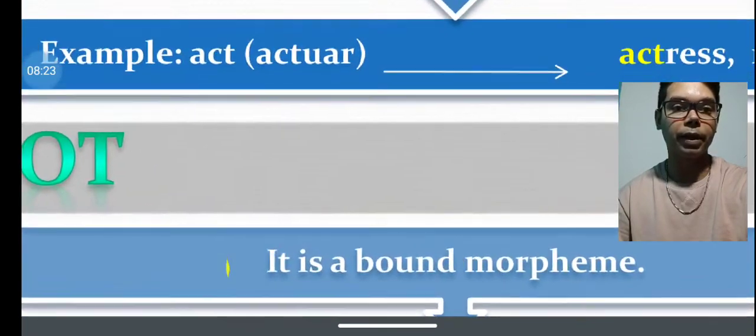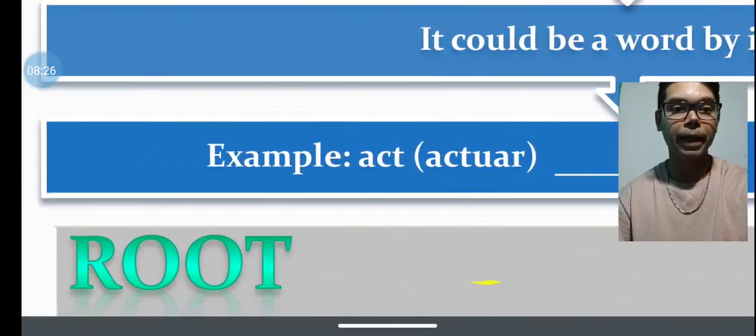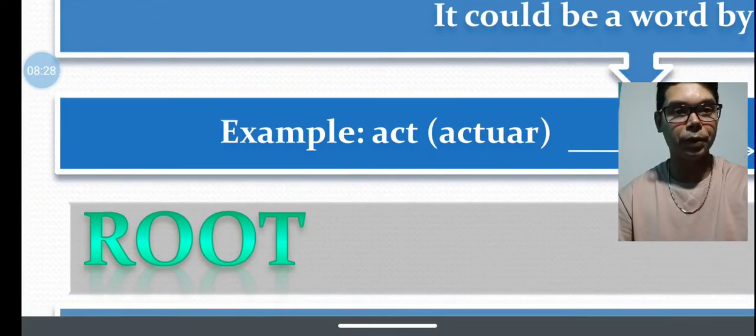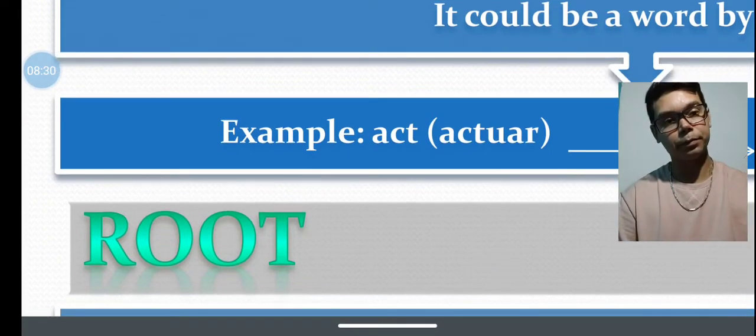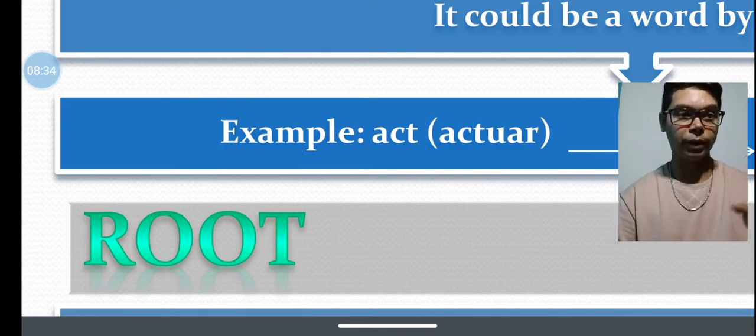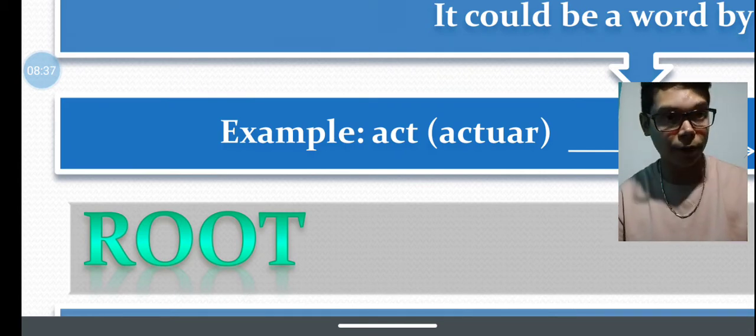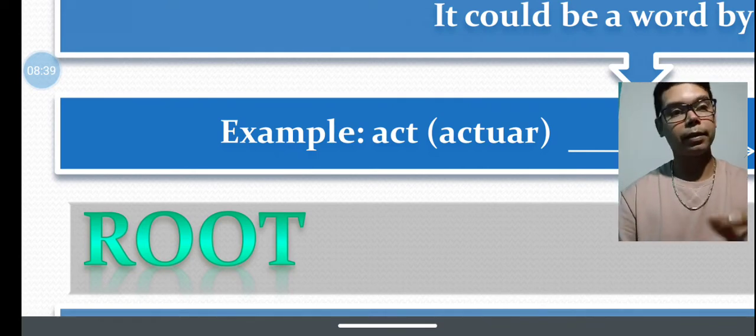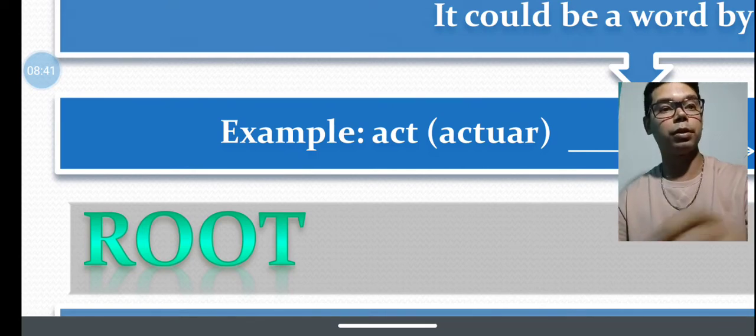Tenemos ahí la palabra actuar. We have the word there, act. Y sabemos perfectamente que por sí sola esta base, sin necesidad de algún otro aditamento, llámese prefijo o sufijo, incluso en algunos casos infijo, nosotros podemos generar por sí sola un significado.